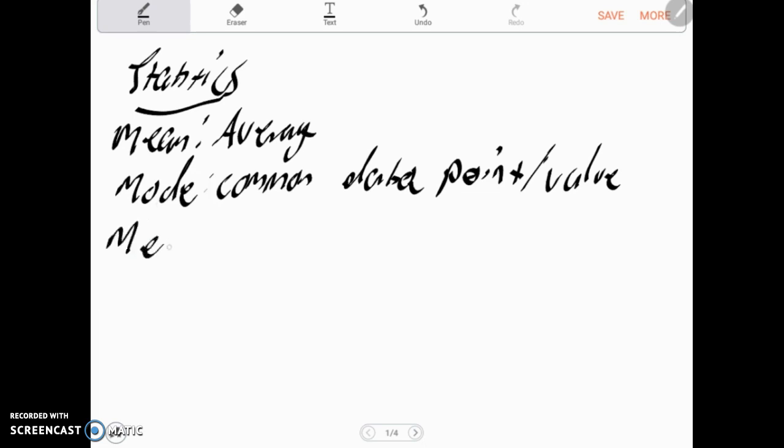The last one, the median, is the next one. The median is the middle value. We're going to get into the difference between the mode, the median, and the mean a bit later. But for now, the median is just the middlemost value. And the median is useful if your data is really skewed.